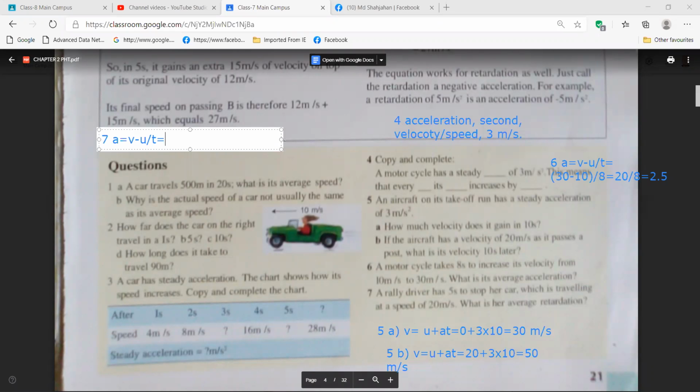20 is our initial speed, right? Which is traveling at a speed of 20 meter per second, and a rally driver has 5 seconds to stop her car. That means she is stopping the car, then her final speed will be 0, right?